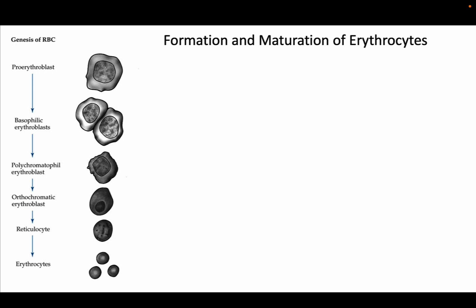Let's take a quick look at the process of red blood cell formation. So as red blood cells mature into erythrocytes down at the bottom of the slide, you'll notice that there are precursor cells with nuclei that come together. They merge into one cell, and then eventually the nucleus is degraded. So red blood cells do not have DNA in them once they're mature.